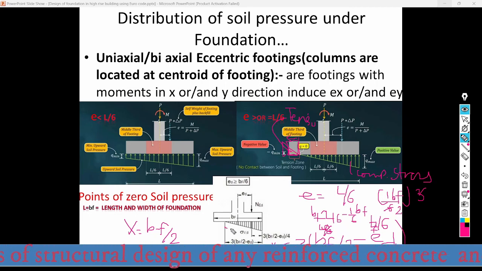So this point will be at this point. So the soil pressure distribution looks like this one. Suppose this is the column and this is the footing. So the soil pressure distribution looks like this.